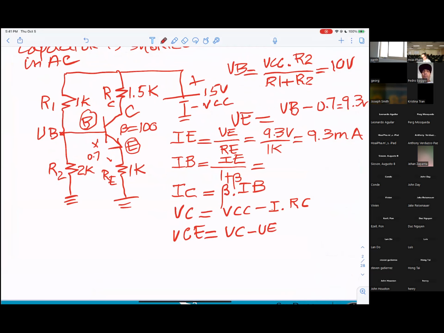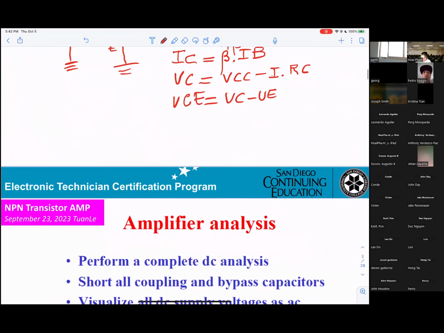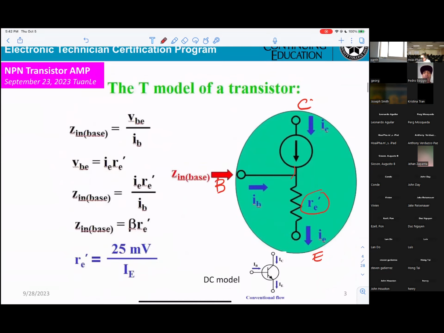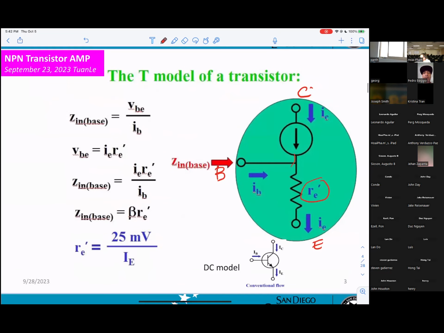Okay, can you tell me from the base to the emitter in DC, what you see? Diode? Diode, perfect. You see the diode right here. However, in the AC, no more diode.